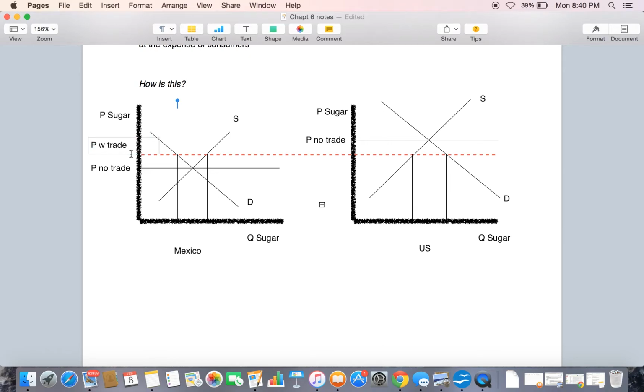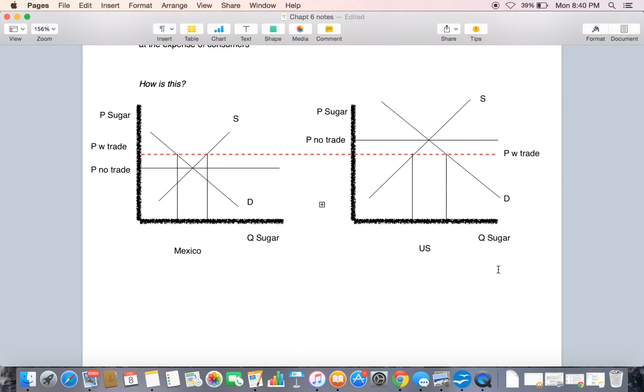So the price with trade is going to be slightly higher. And we'll put this one over here. The price with trade is actually going to decrease the price in the United States.